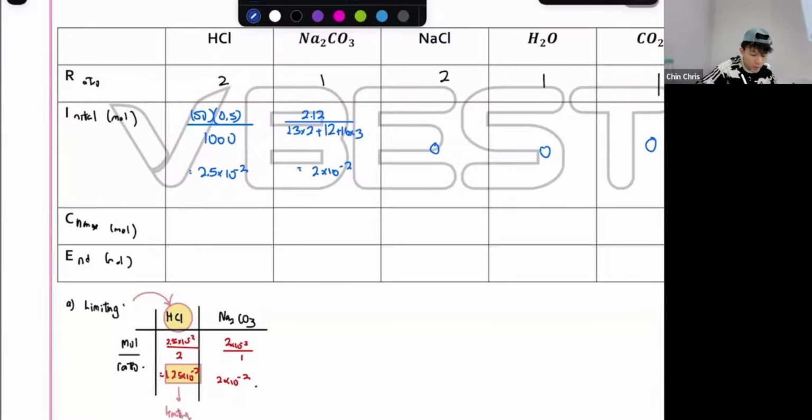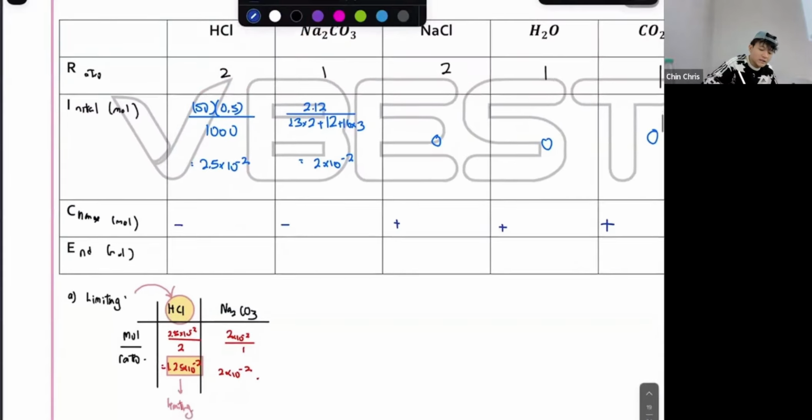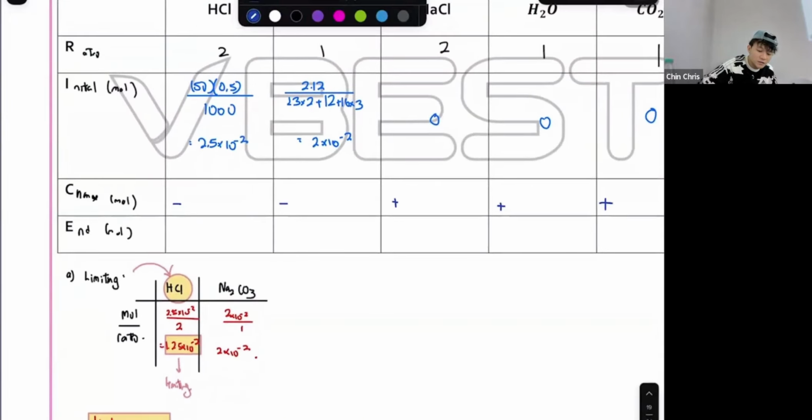For the change, remember reactant is minus, correct or not? Product is plus. Understand? And guys, we always take our limiting as reference.